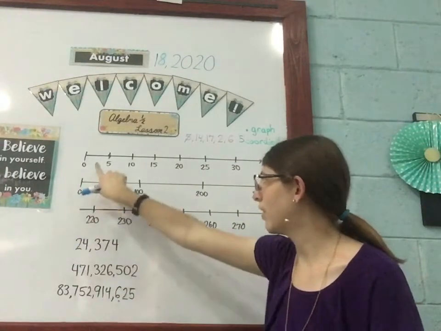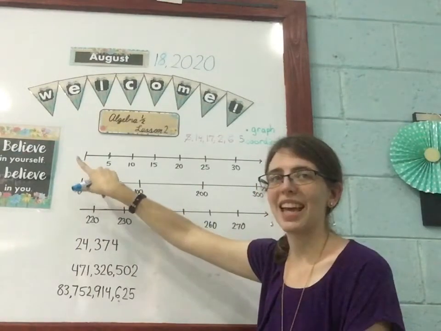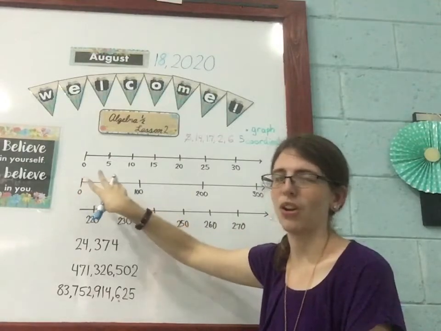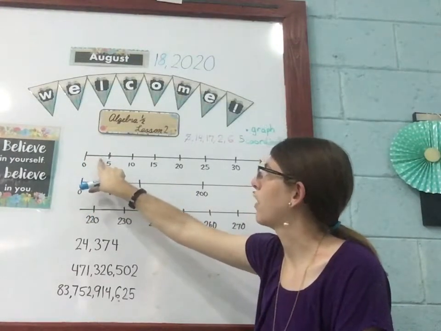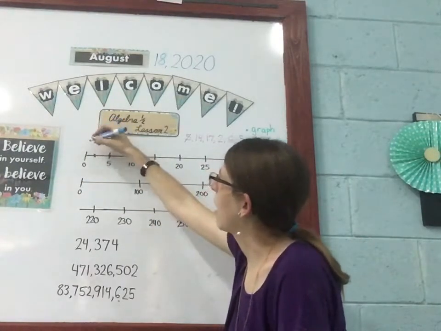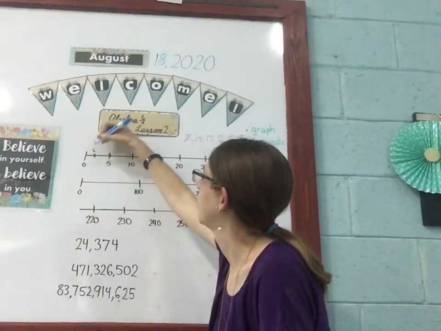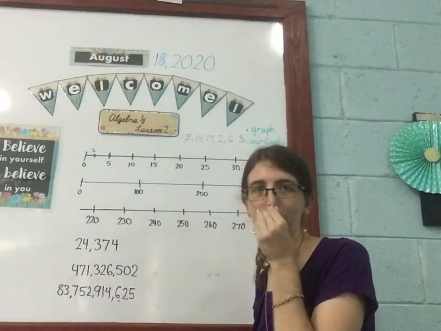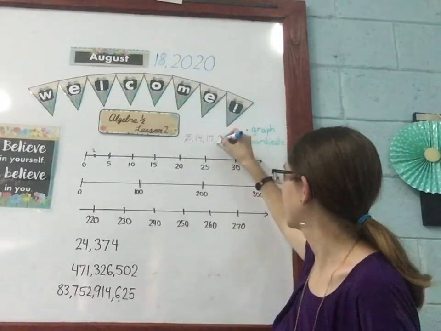Well, 2, there is no specific mark on here, so I need to just estimate. I need to kind of guess where it should go. 2 is not quite in the middle between 0 and 5, but it's very close. So I put it somewhere around there. And then I'll just put the number 2 to show that that's what it stands for. So here's my graph and my coordinate. So I've just done 2.